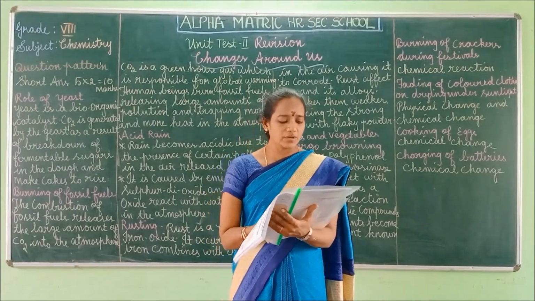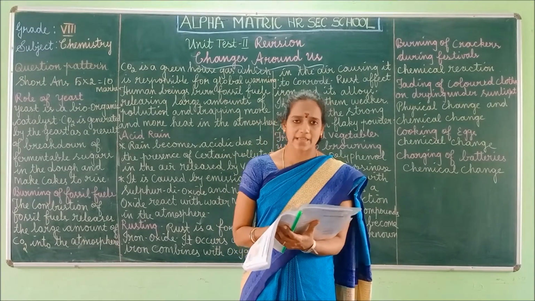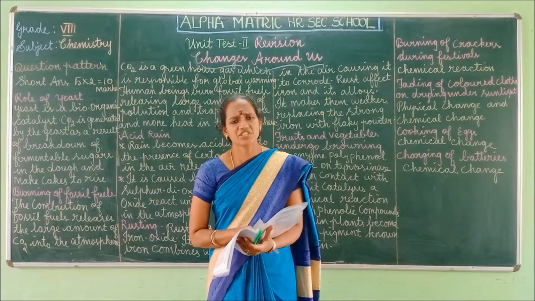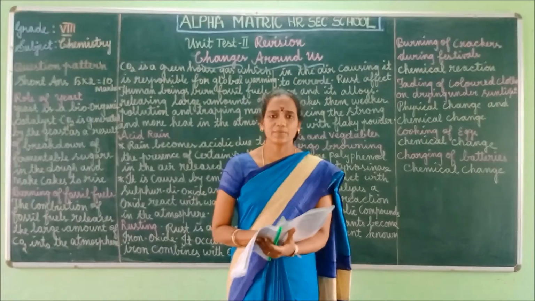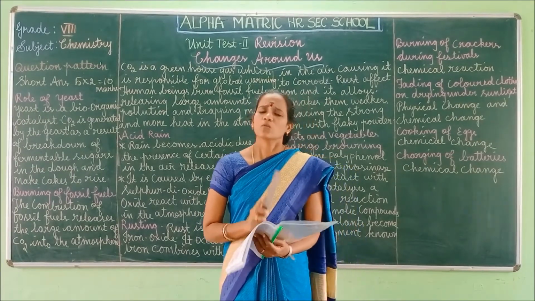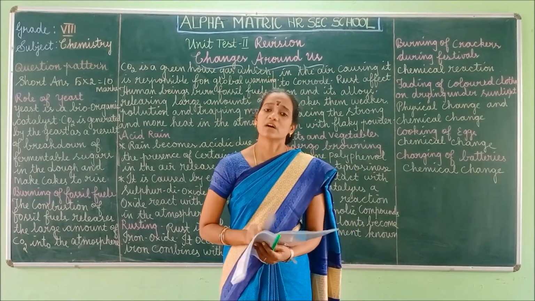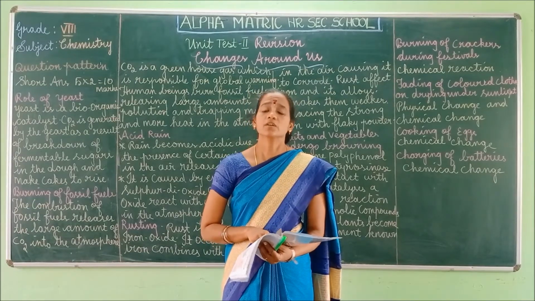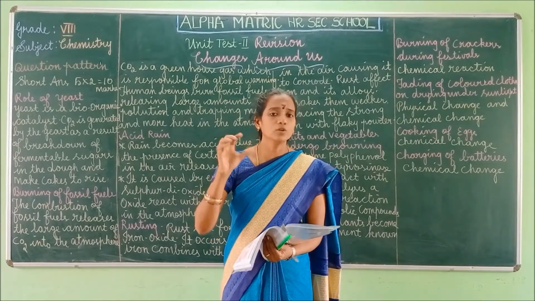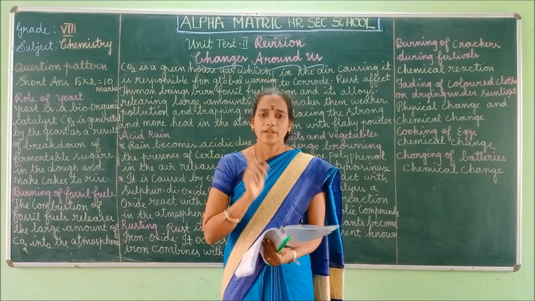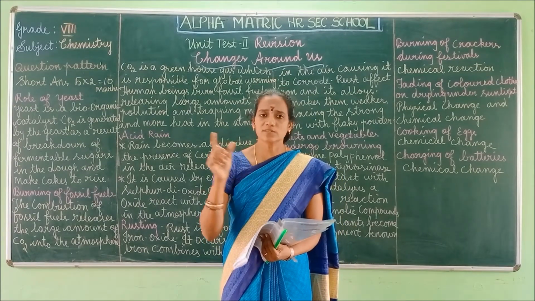First question, define a chemical reaction. Chemical changes are also called chemical reactions. One or more substances undergo a chemical reaction to form one or more new substances. Hence reactant gives product.